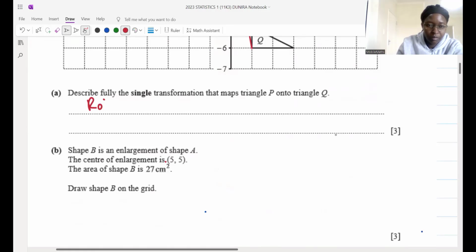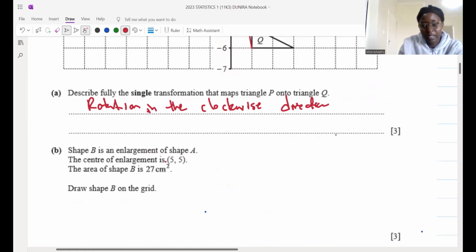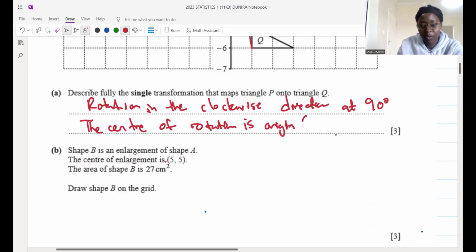So it's a rotation in the clockwise direction at 90 degrees. Then the center of rotation, you can say origin or you can say 0,0, like that. Now let's move on to the next question.